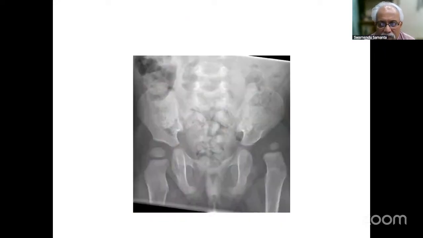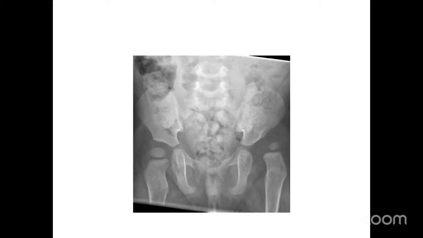Anybody please volunteer to describe this X-ray. Don't jump into the diagnosis. This is a radiograph, AP view of pelvis with both hip joints of an immature skeleton, showing dislocation of the left hip, probably DDH.